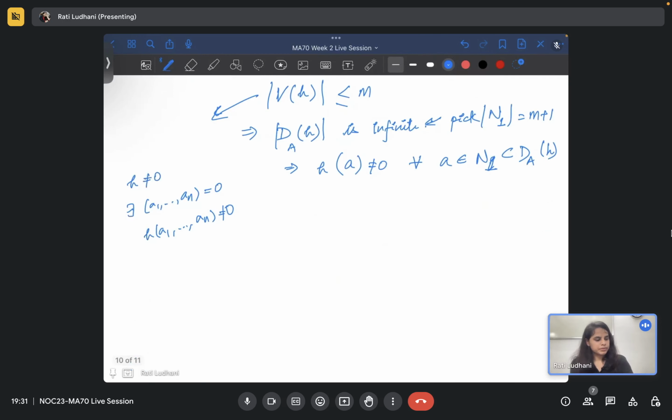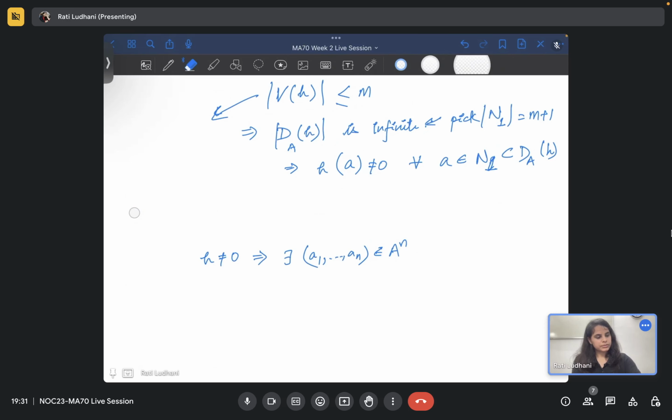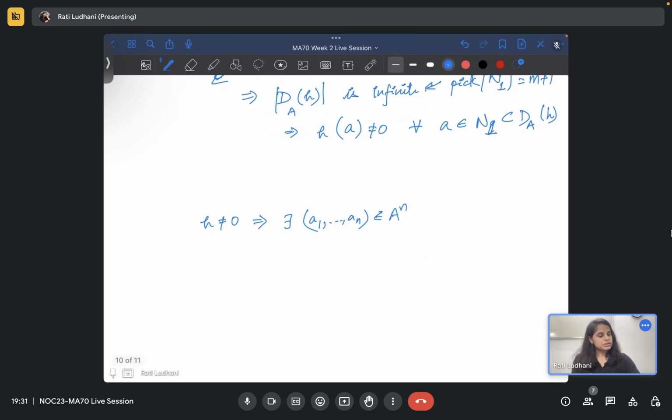So exactly as Nageshwar Rao said, since h is not equal to 0 and A is infinite, there exists some a1 to an in A such that h of a1 to an is non-zero.